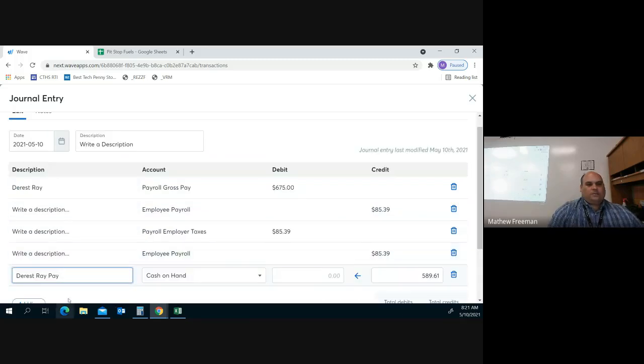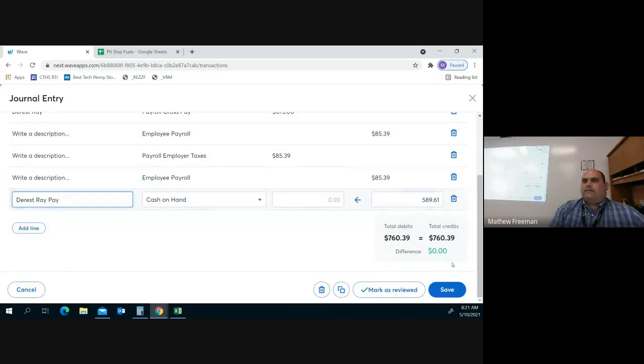And then here you put in descriptions. And everything balances out. We have a difference of 0. Our credits and debits balance.